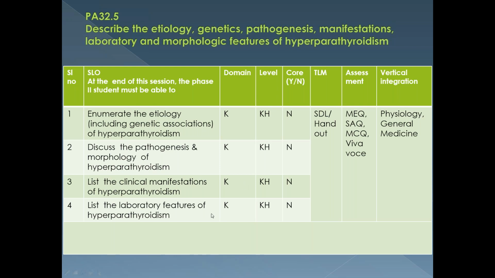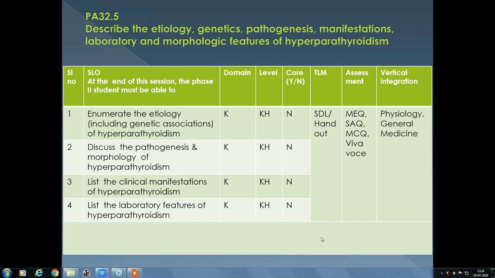Now, suppose you're listing the clinical manifestations. So I'm just enlisting the manifestations, right? So in that case, would it be know-how? Obviously, you would have to do a bit of clinical pathology correlation at the back of your mind to understand why there is polyuria occurring, why there is polyphagia occurring.